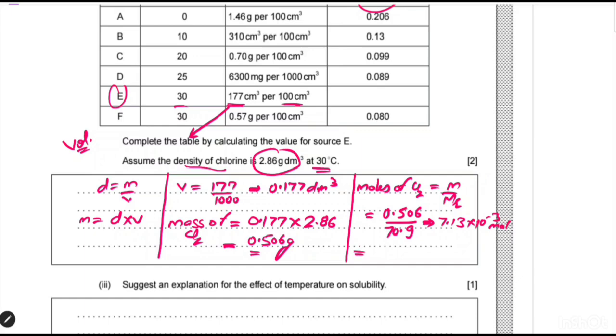Okay, now I have to find out the concentration in terms of dm cube. Concentration equals moles upon volume. Volume is 100 centimeter cube because it is per 100 centimeter cube. So my concentration will be moles, 7.13 into 10 to the power minus 3, divided by volume, 100 divided by 1000.